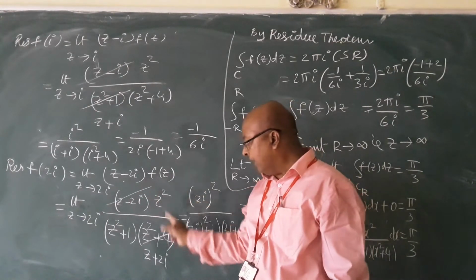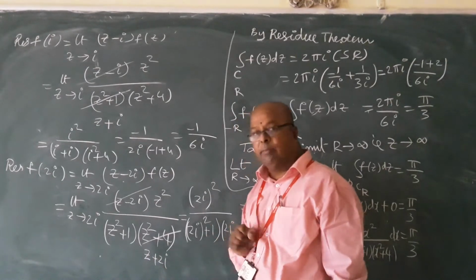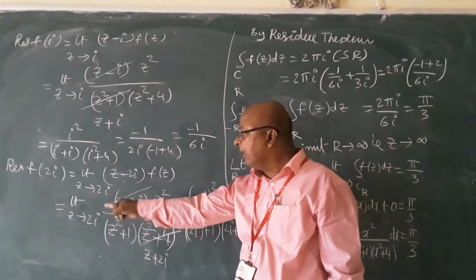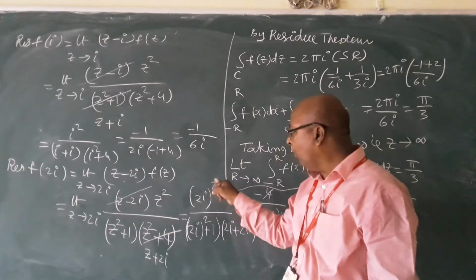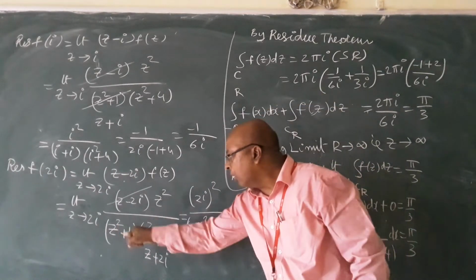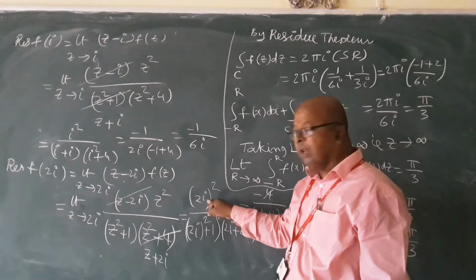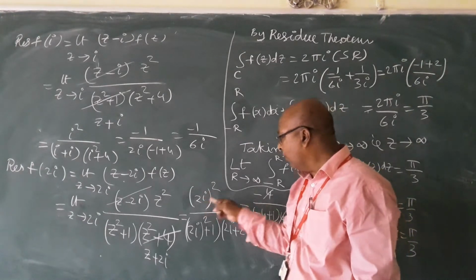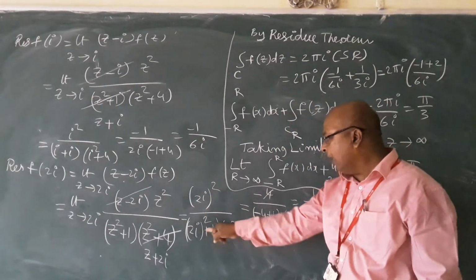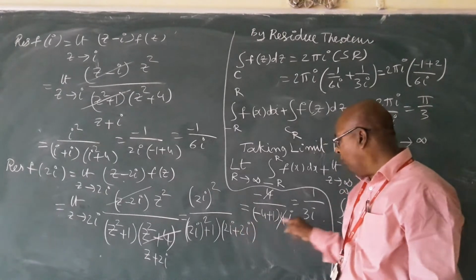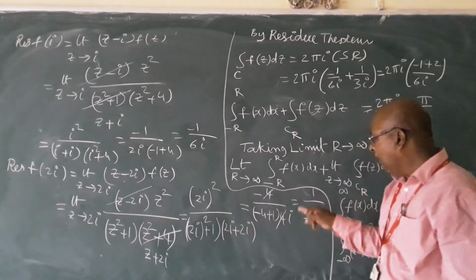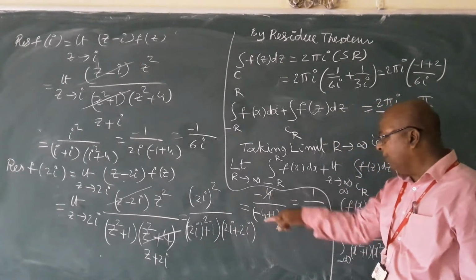So z minus 2i cancels, z plus 2i remains. Now put z is equal to 2i: (2i) whole square by ((2i) whole square plus 1) into (2i plus 2i). i square is minus 1, 2 square is 4, so minus 4 by (minus 4 plus 1) into 4i. 4 and 4 cancel, minus and minus cancel, so 1 by 3i.